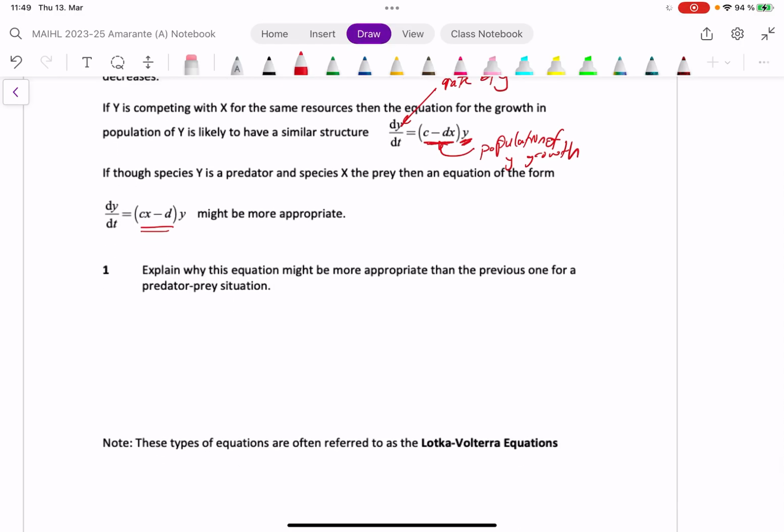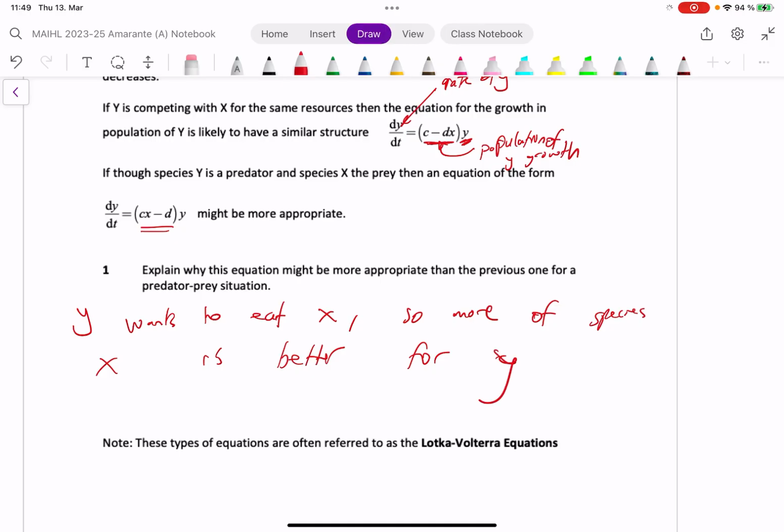So let's get to the actual idea of these. It says, let's explain why this equation might be more appropriate than the previous one for a predator-prey situation. The reason to really think about it is that y wants to eat x. It's the predator, so more of species x is better for y, because they have more things to prey upon.